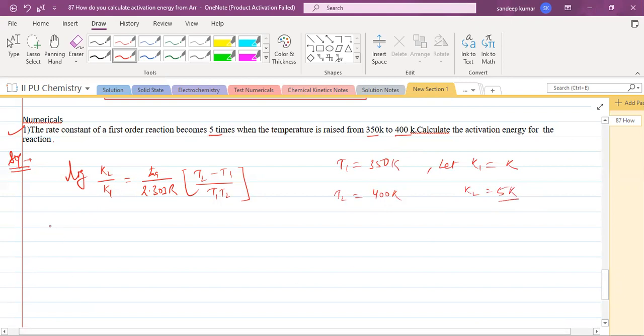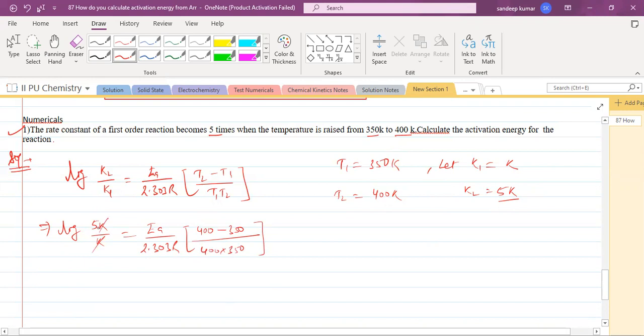On substituting this value, we can write log of 5K upon K is equal to EA upon 2.303 R whole into T2, 400, minus T1, 350, upon 400 into 350. Yes or no? So here K gets cancelled.